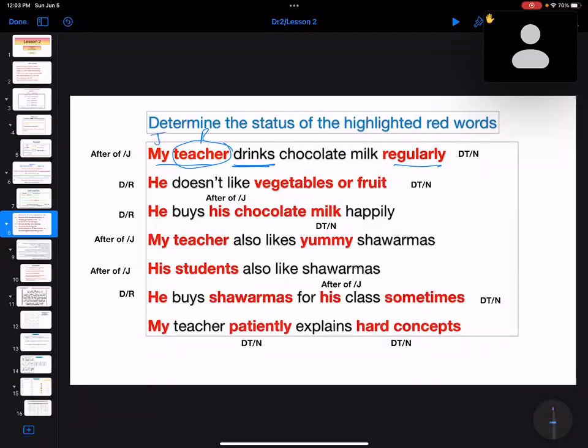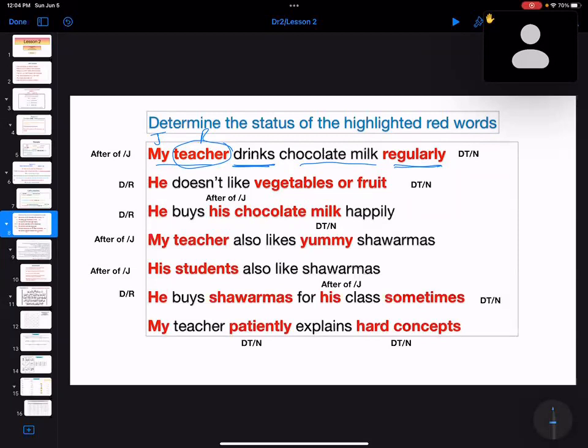And what did the teacher drink? Chocolate milk, this is detail. And how regularly he's doing it is again detail, right? Making sense?